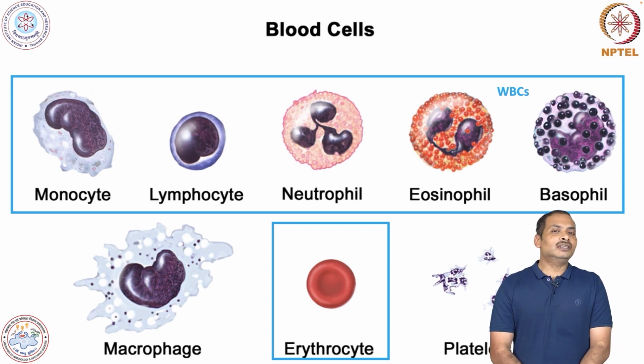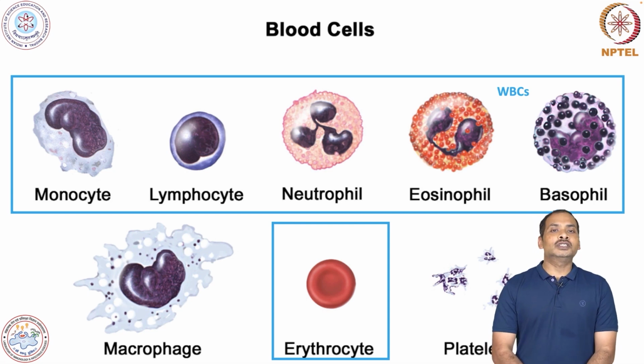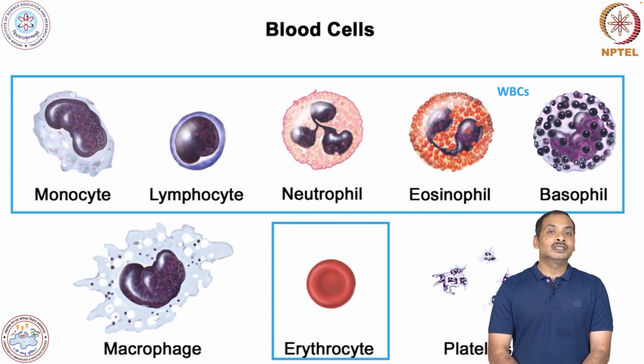Another very unique property of red blood cells or erythrocytes is that they are biconcave in shape. Okay. So this is very interesting that most cells are basically biconvex, but the RBC is biconcave in nature.